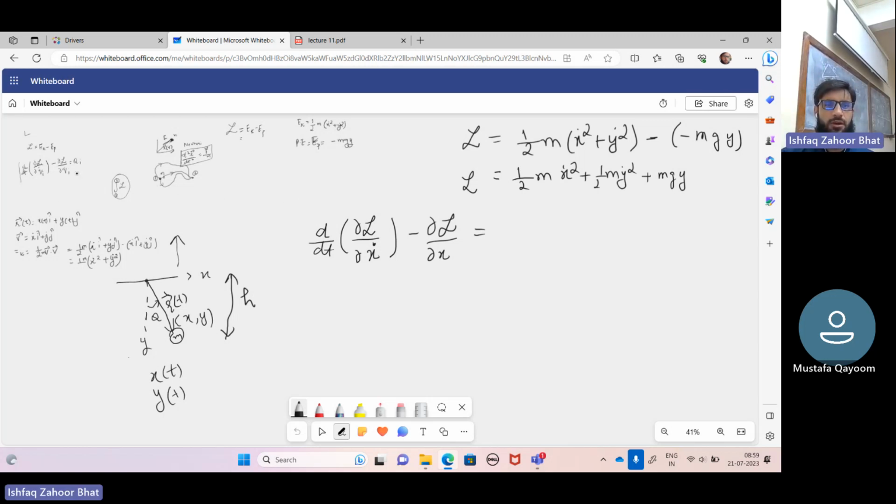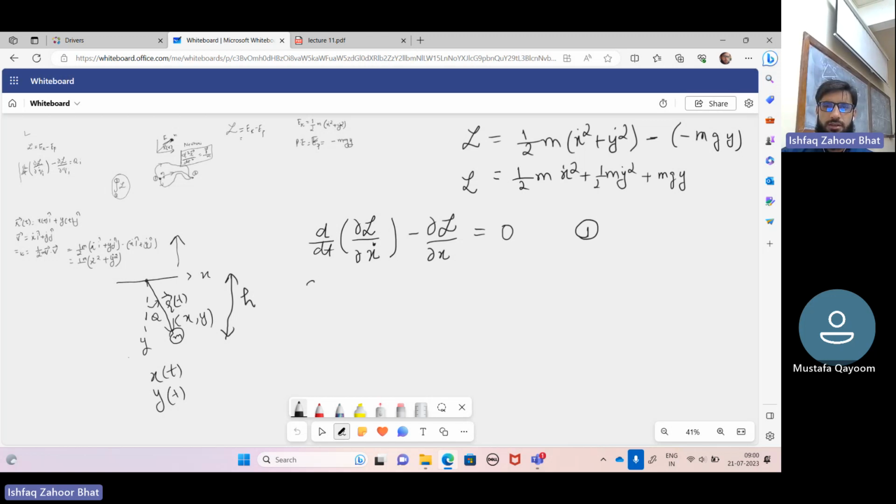Basically, this is some non-conservative force. The gravitational force is a conservative force. If you go along a closed loop, the work done by the gravitational force will be zero. So there is no non-conservative force here. Okay, so this will be equal to zero, and this will be the first governing equation.